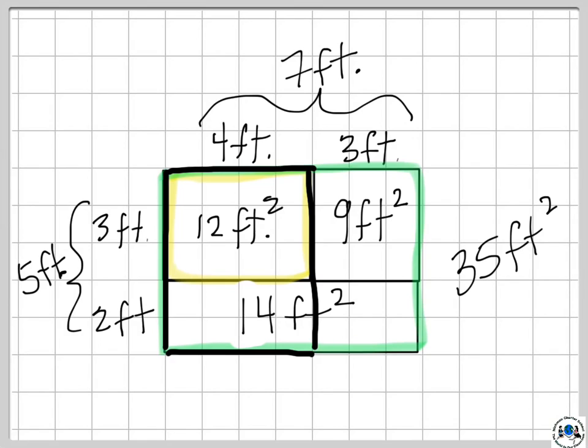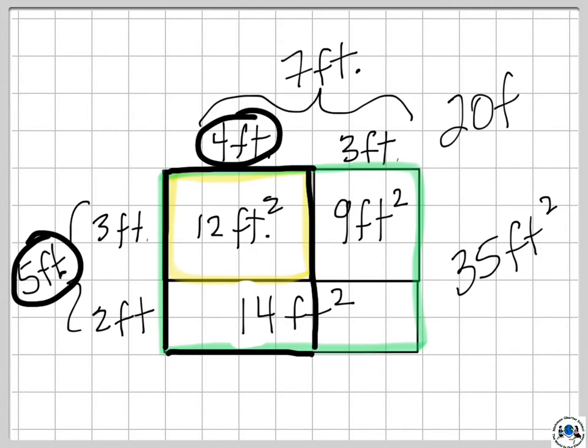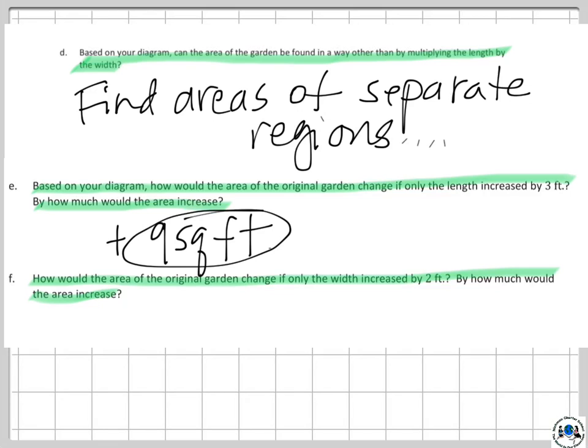Whereas that was 12 square feet, now we're looking at a 5 by 4, which is 20 square feet, and so that would have been a plus 8 square feet in that direction.